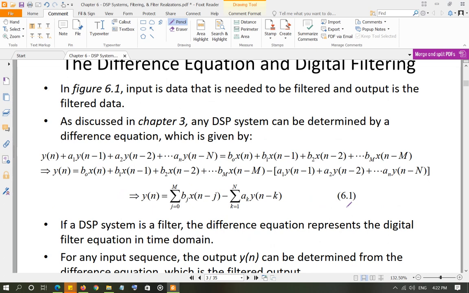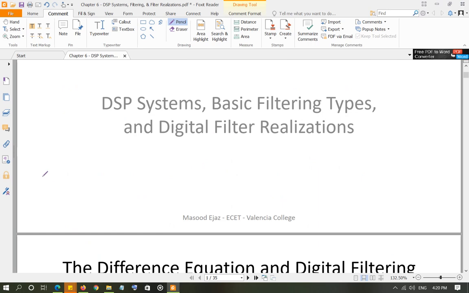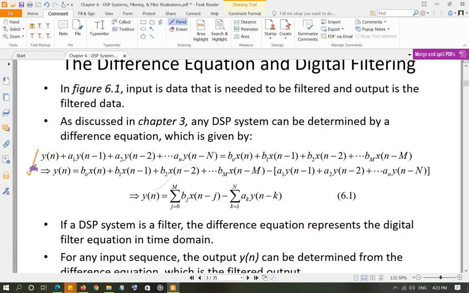We discussed that any DSP system can be represented by a generic equation, which is your difference equation, given right here. So this is y of n plus a1 y of n minus 1, and so on, equal to b naught x of n, and so on.